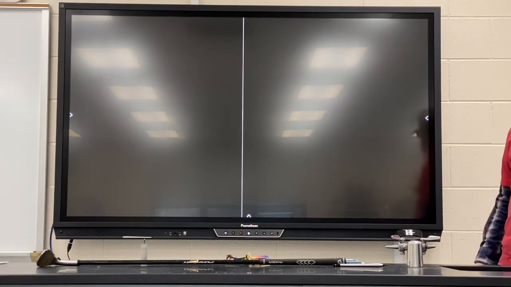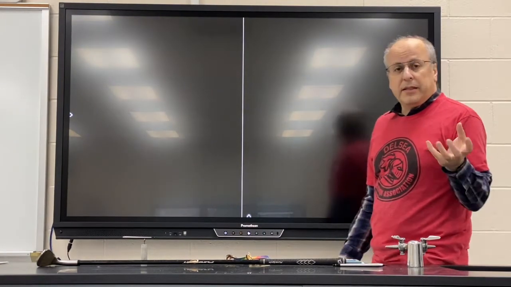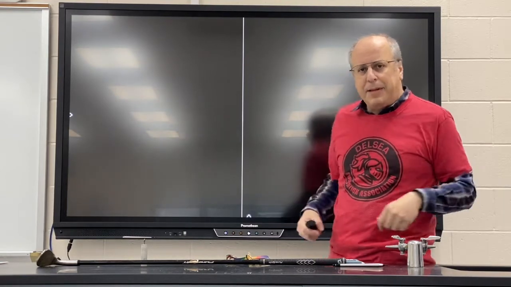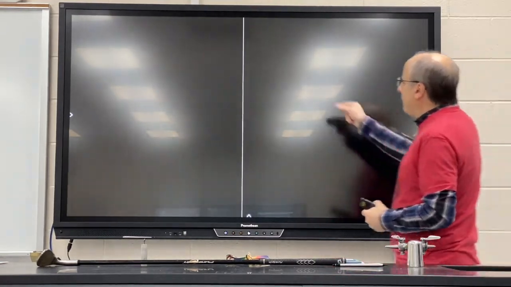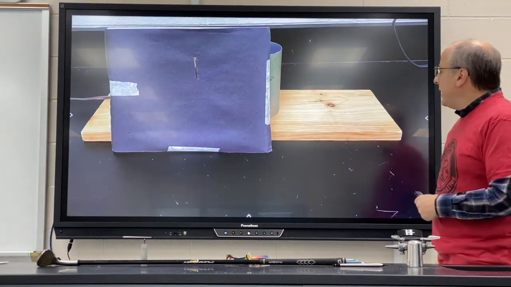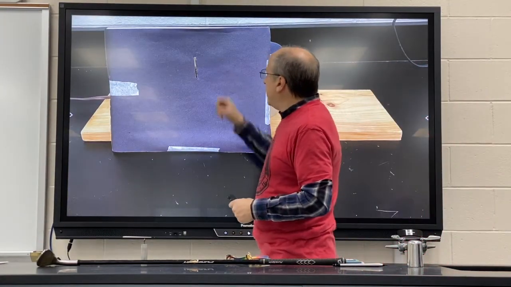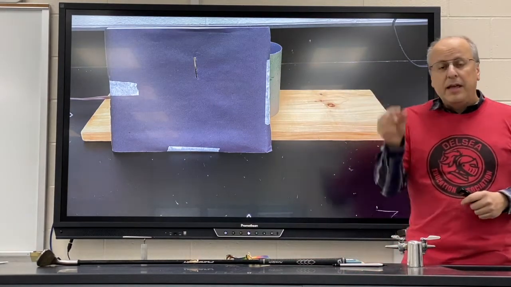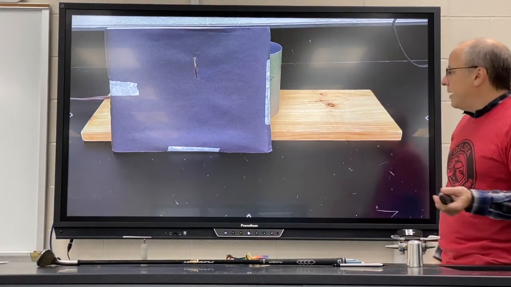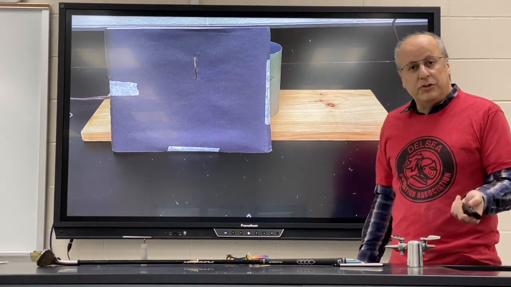We can make this even more clear instead of showing the entire bulb, which tends to be a big area and colors start overlapping, if we can just have a thin pencil of light. So what I did is I hit the light bulb behind the black piece of paper, and I just put a small slit in that paper, wide enough that we get maybe a pencil thin stream of light.